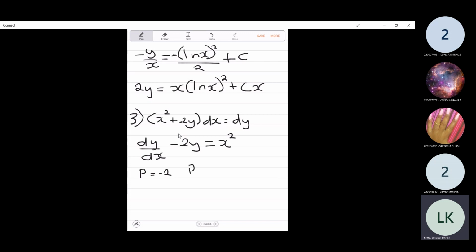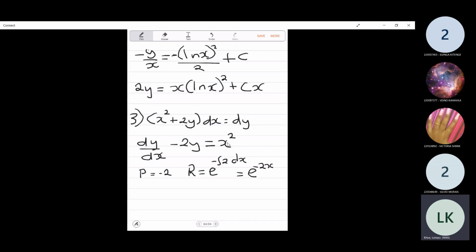And our integration factor r is e to the power of negative 2 dx. So we integrate negative 2 dx. This gives us e to the power of negative 2x. And then we are going to multiply this with our differential equation.